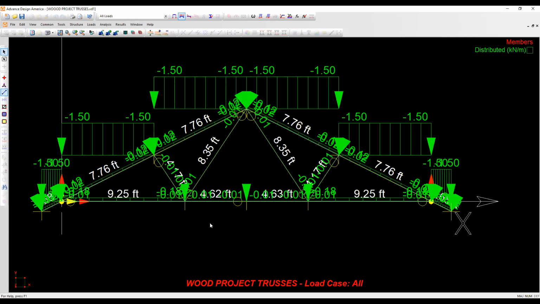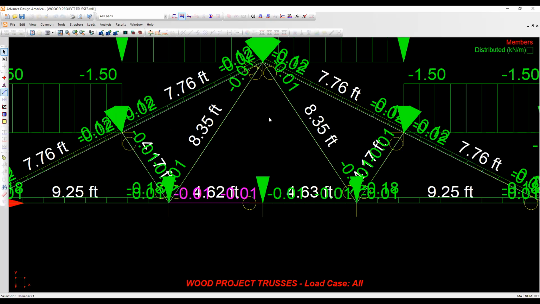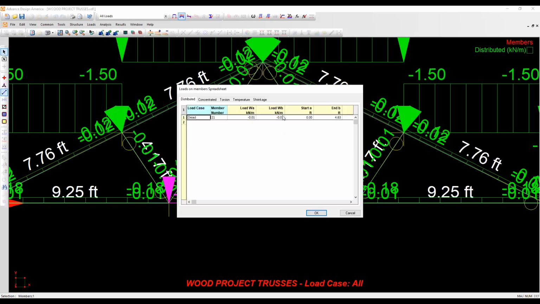Where? Right here. So that could be something that's affecting your results. You see right here, you don't have a load on your bottom chord. Bottom chord on the left or right? In the middle. I don't see a distributed load on the bottom chord. Well, if I look here, it's 0.1. Oh, okay. That could be a reason. Okay.